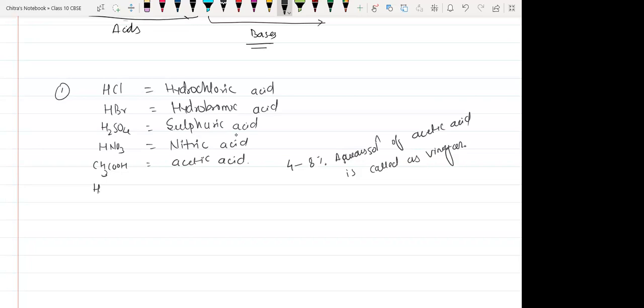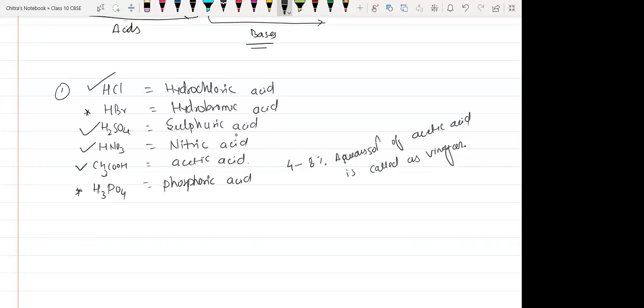Probably it is not there, but we can write it. So in your syllabus, we have HCl, H2SO4, HNO3, and CH3COOH. These are the extras that you can just remember.